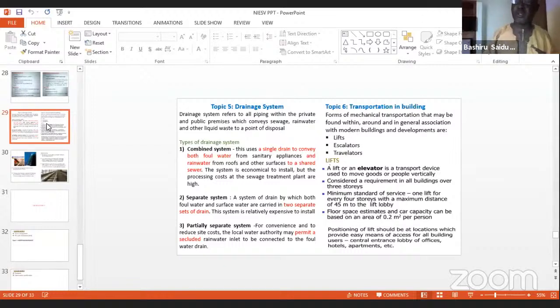What of the normal manual procedures we use in climbing upstairs here in Nigeria, that is common? I think it should be part of them. Well, we are talking about modern buildings. Yes, within, around, and in general association with modern buildings and developments. I see. Thank you. So we are talking about modern.